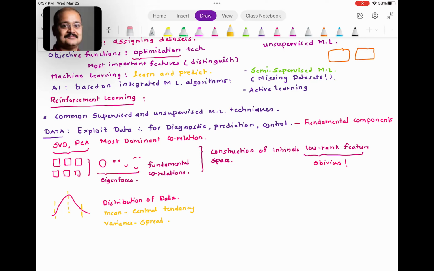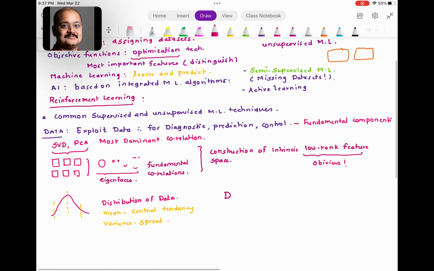In the definitions of data science, we have this whole data set D, and this data set is inside R to the power N, which means your data set can have multiple components.